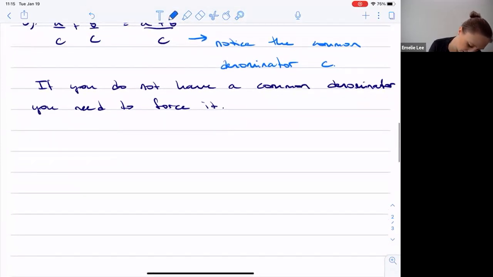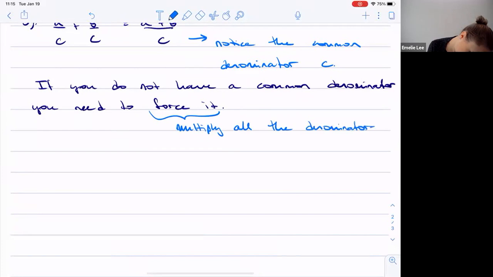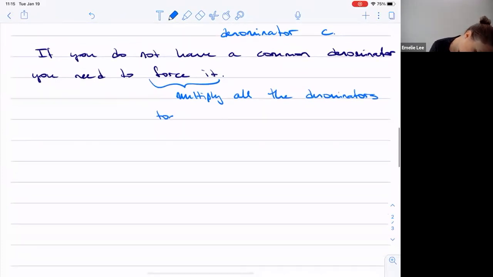So to force it, you multiply all the denominators together. There could be more than two, right? All the denominators together, and use that as the common denominator.